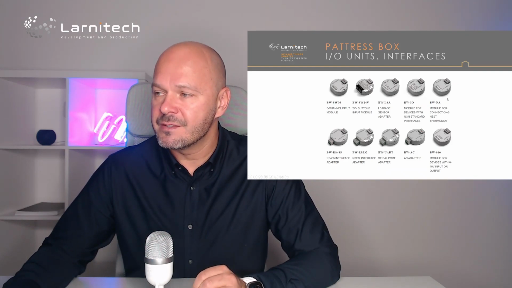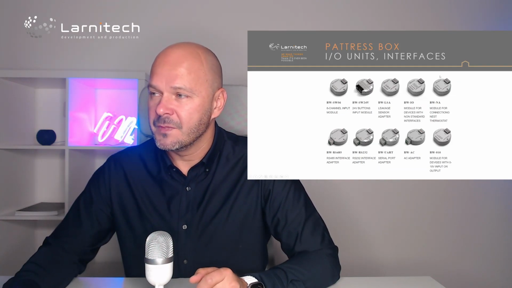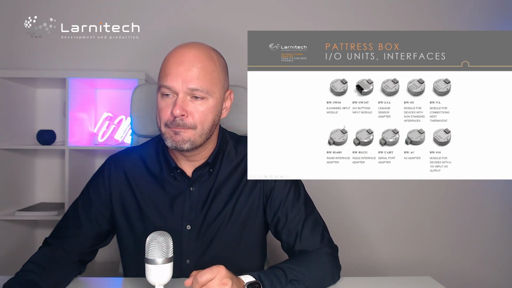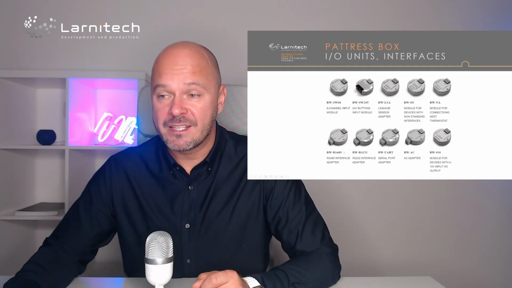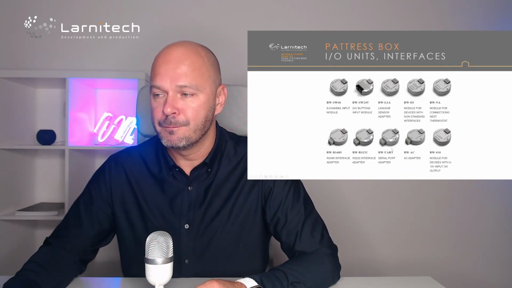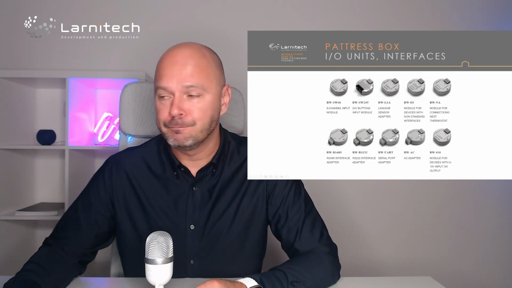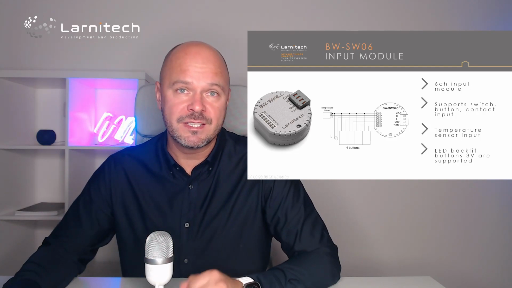This one is for connecting external thermostats, not widely used, but you can use it. And 3 interfaces, the same as DIN rail, RS485, RS232 and UART, AC adapter, and 0-10 volts module. So let's see them in more detail.